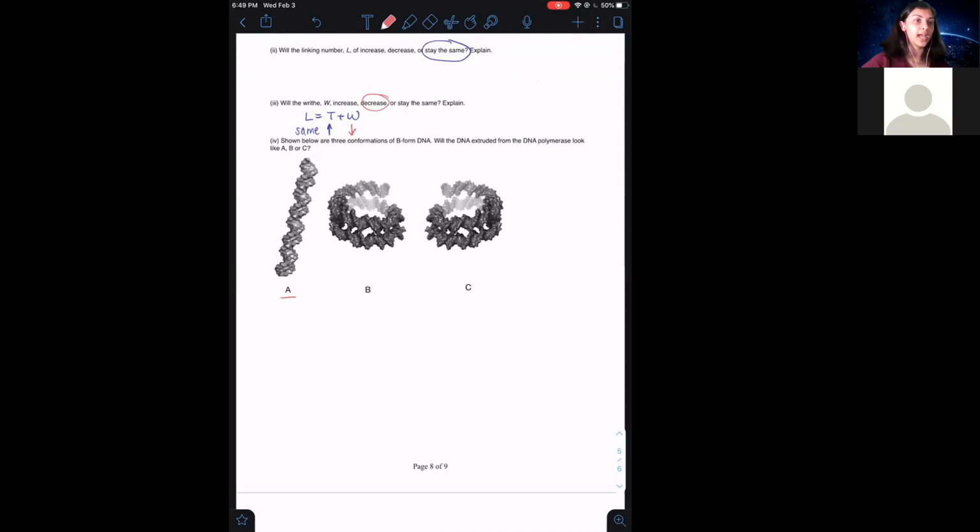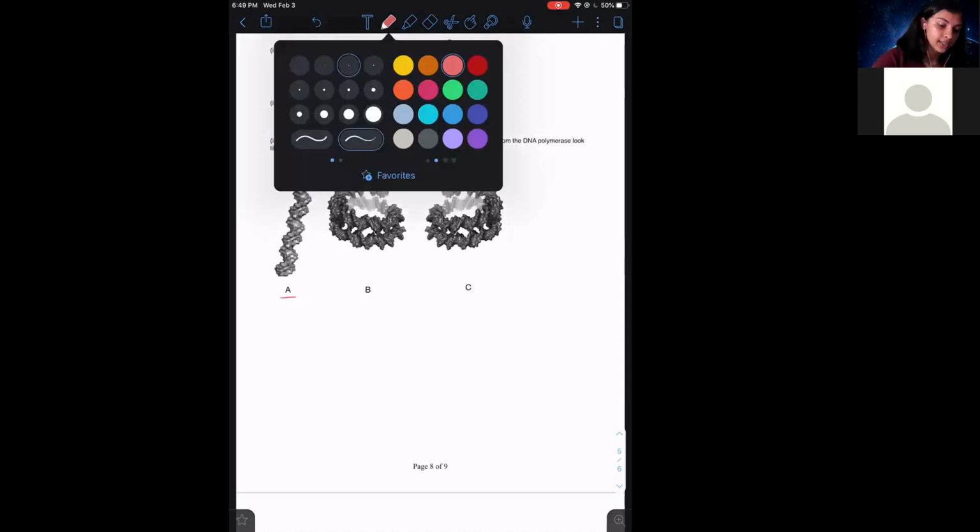So that's correct. Since writhe is decreasing as the polymerase progresses, the supercoiling will become more and more negative. So that's true. So would that indicate a right-handed or left-handed solenoid? That's right.